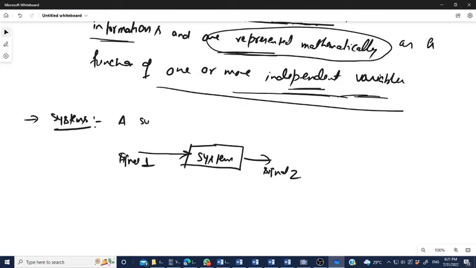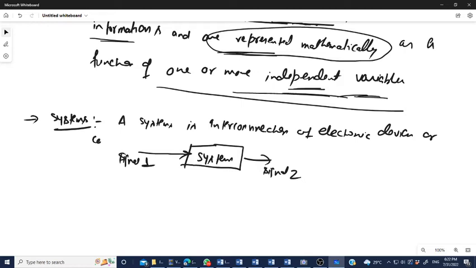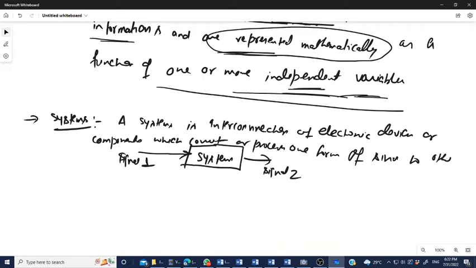More precisely, a system is an interconnection of electronic devices or components which convert or process one form of signal to another form.